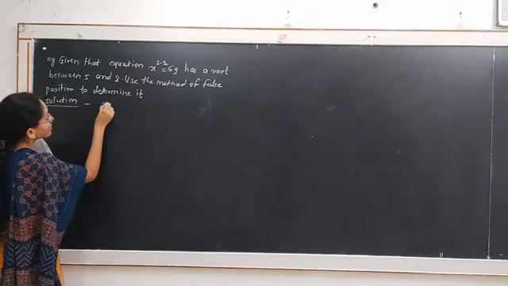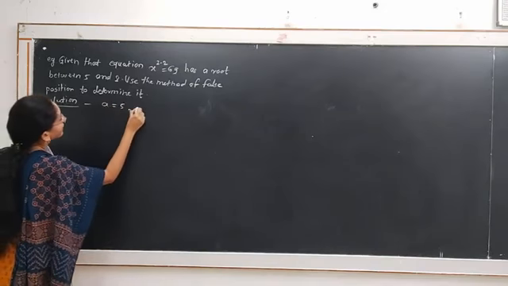Therefore, the values of a and b are 5 and 8 respectively.